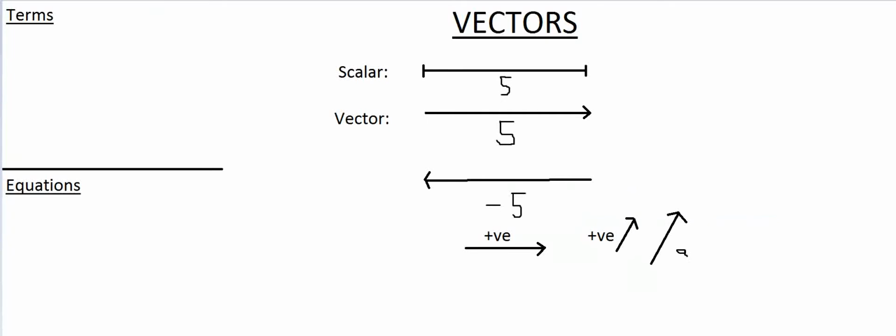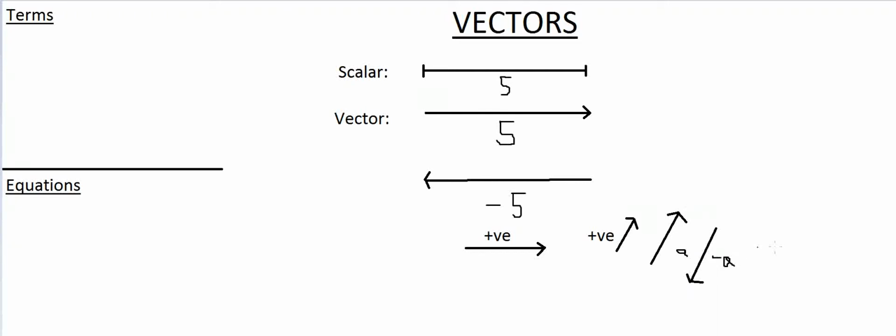Then this vector, which has the same magnitude but a different direction, will have a value of negative a.